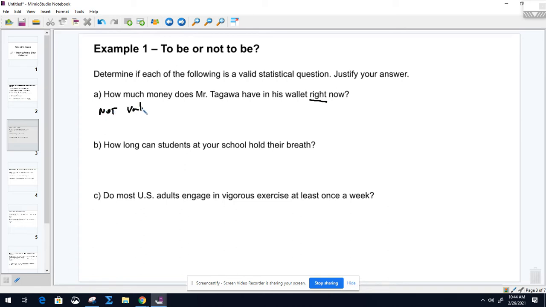Okay, this question can be answered with a single value, and it will not vary at all.